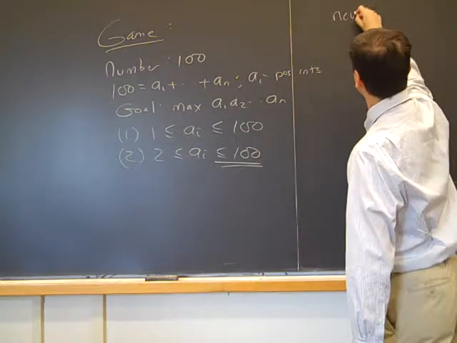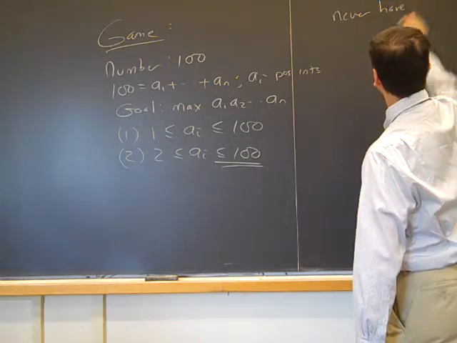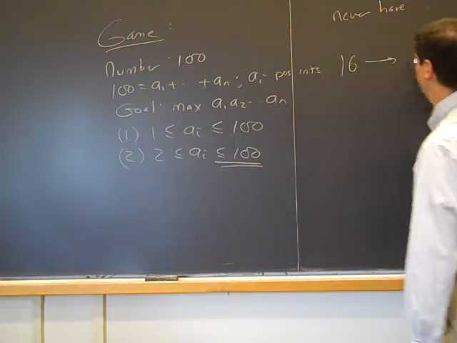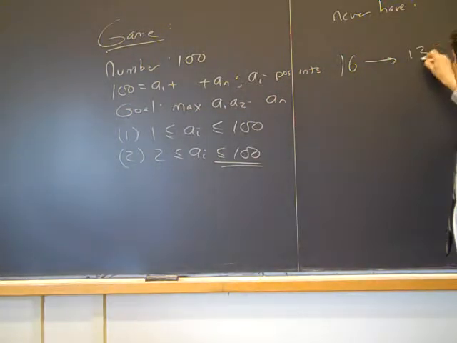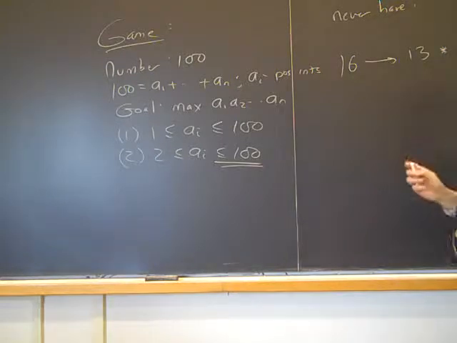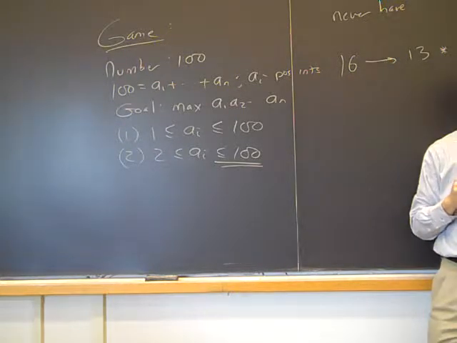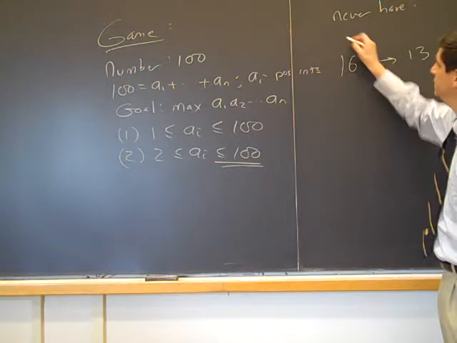So never have 16, because I could replace that with 13 times 3. That's going to do better. Would I ever have a 17? What could I replace 17 with?